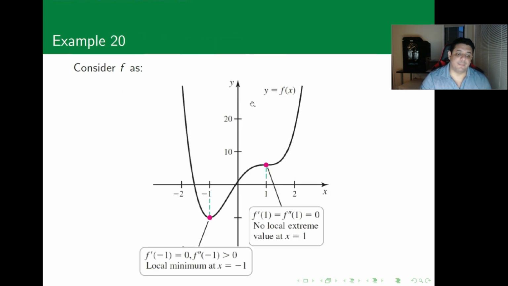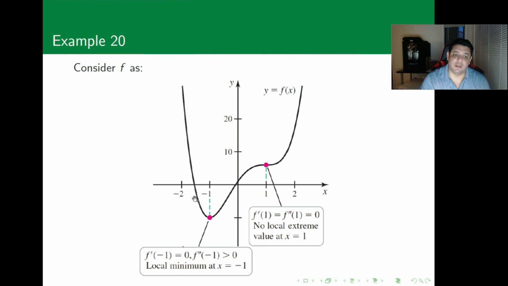Let's check another example here. We see this function. In this function, this point is not a local extreme, but it's going to be a change of concavity. We have concavity down coming in and changing to concavity up. So this is an inflection point.